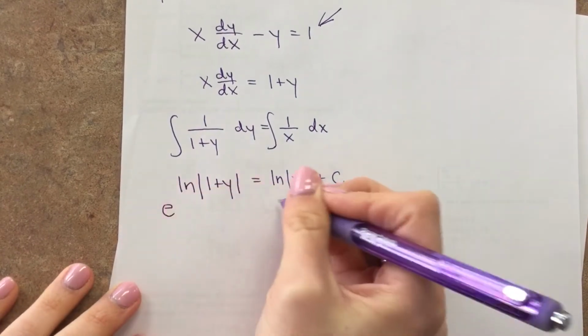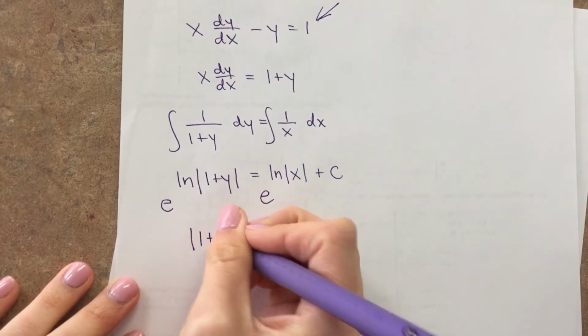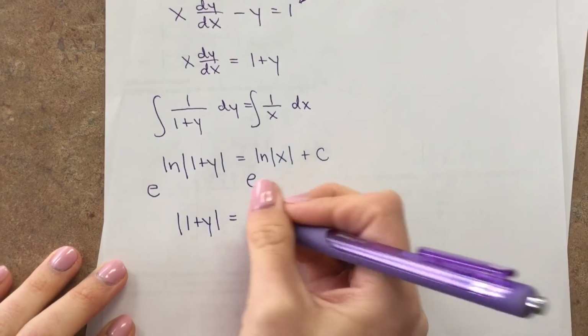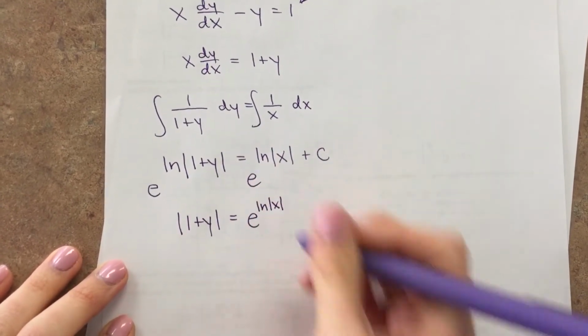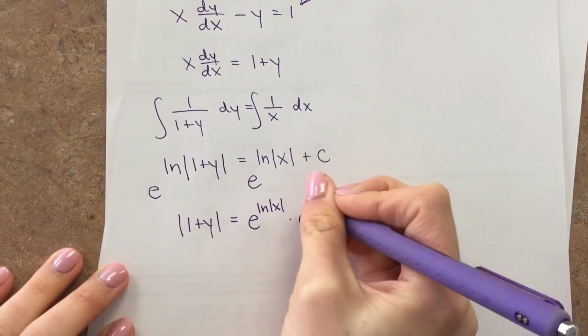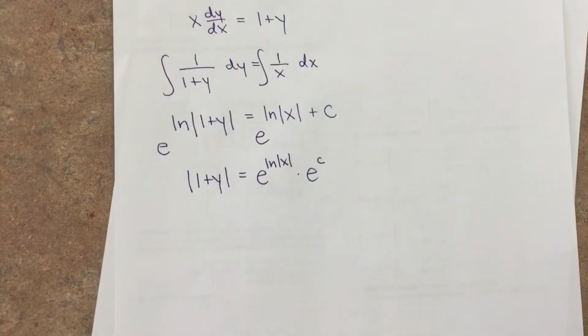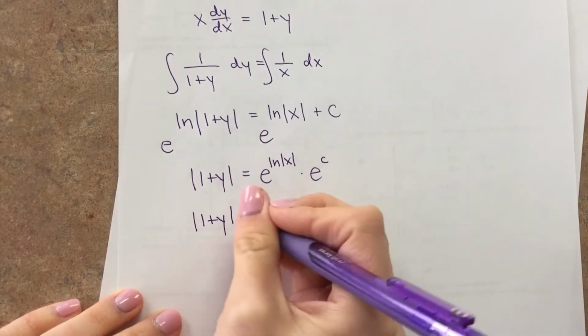So we would exponentiate both sides. The left-hand side will give us the absolute value of 1 plus y. The right-hand side, just to remind you guys, we split this into e to the natural log of the absolute value of x times e to the c, just doing a little reverse of that exponent rule. So the left-hand side is still absolute value of 1 plus y.